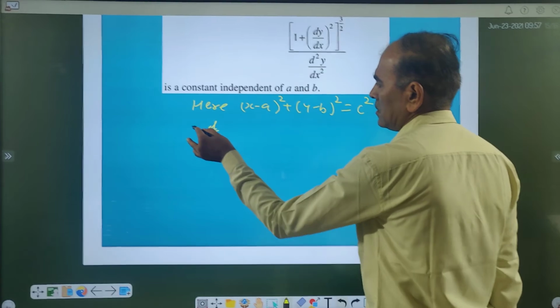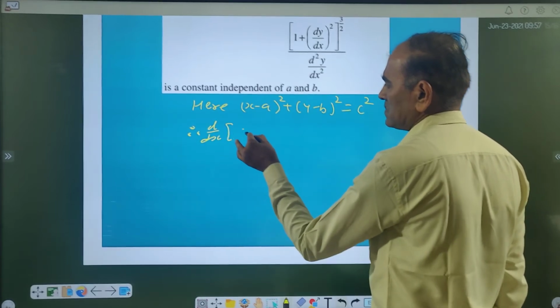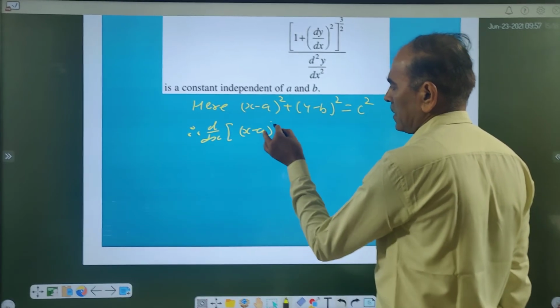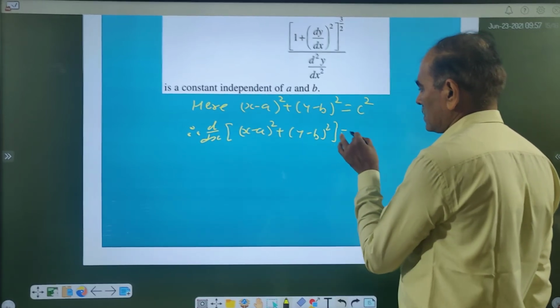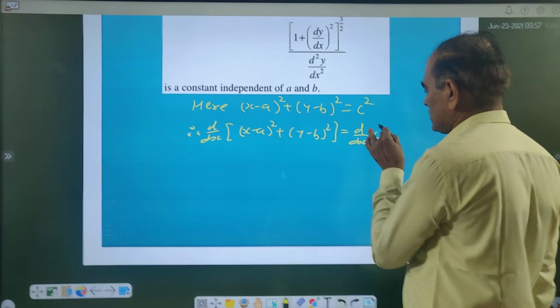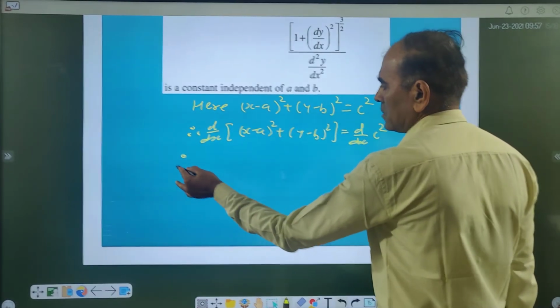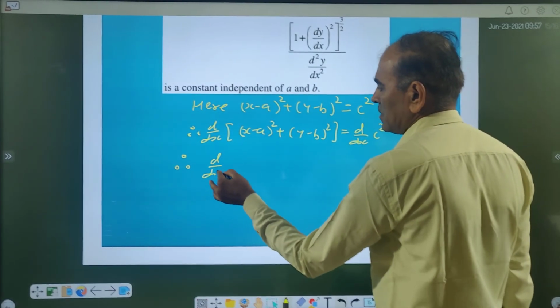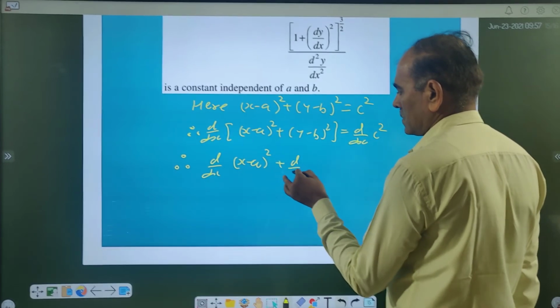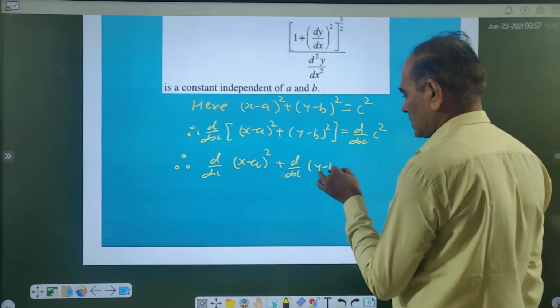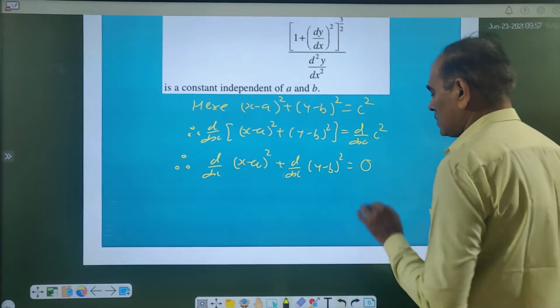So, taking differentiation on both sides with respect to x, d by dx of c square. So what we get here? Give differentiation to both terms. And here 0, why?